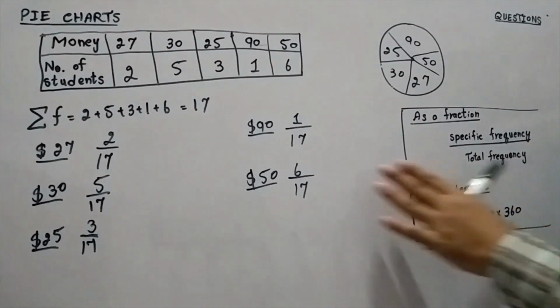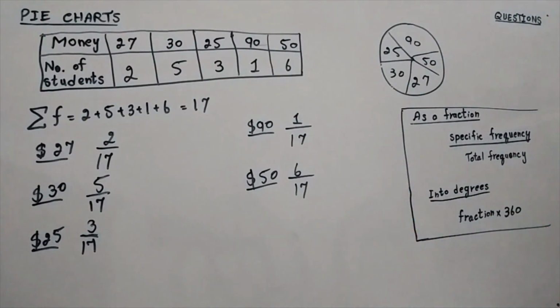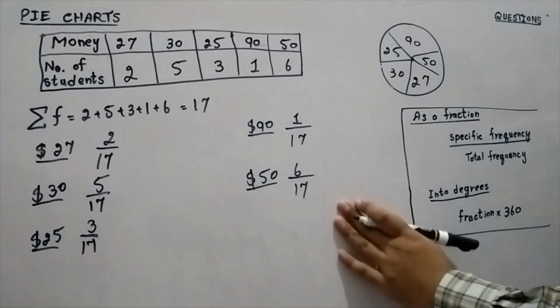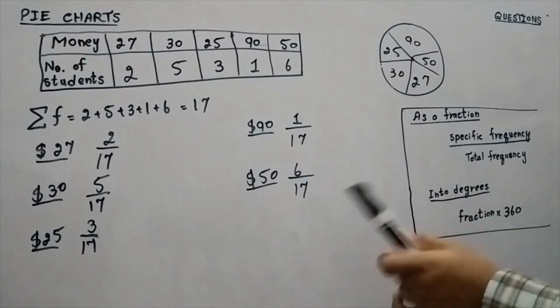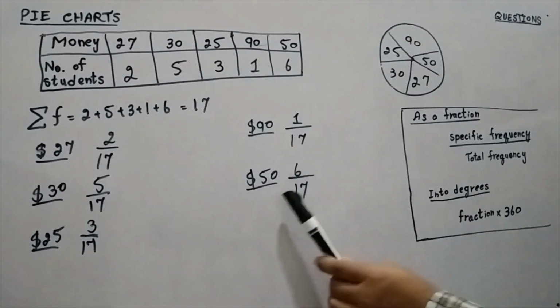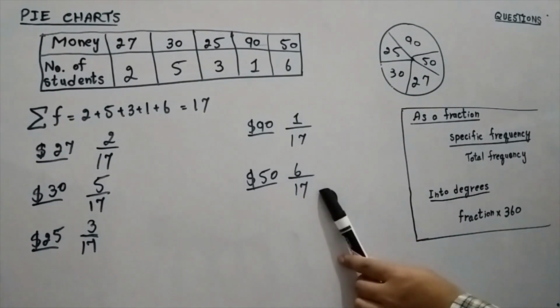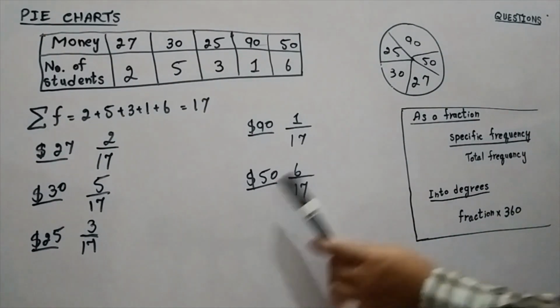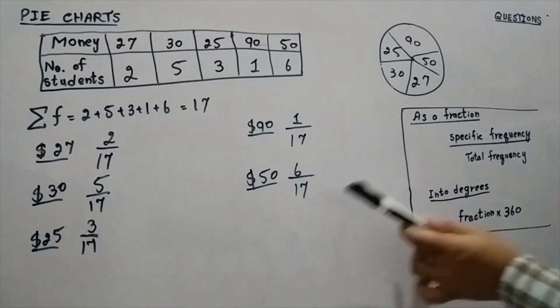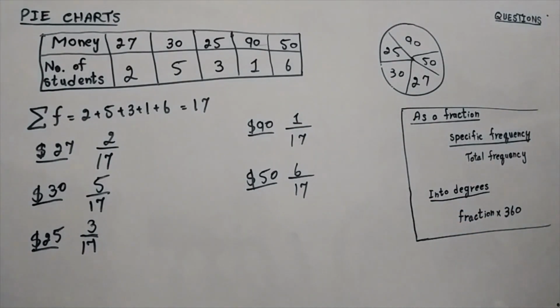So we have found the fractions. We can say that this fraction of this category is present in the given data. Now we have found the fractions. Now to draw a circle we will find the degrees.